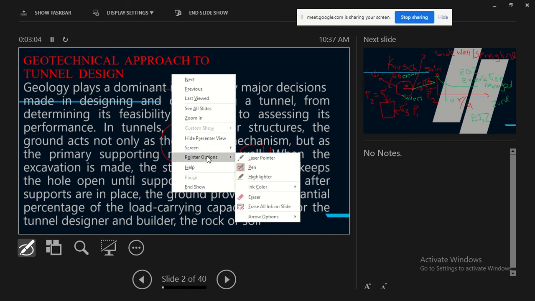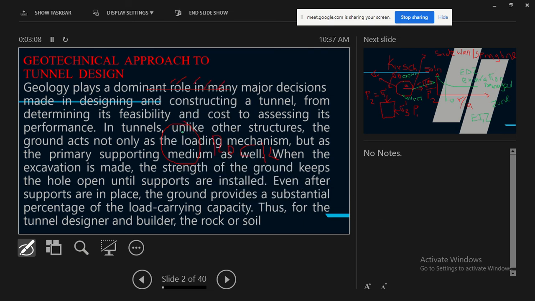Sometimes we provide support. For example, we do lining inside. Lining is some concrete, semicircular concrete structures that can be installed around the tunnel like this.